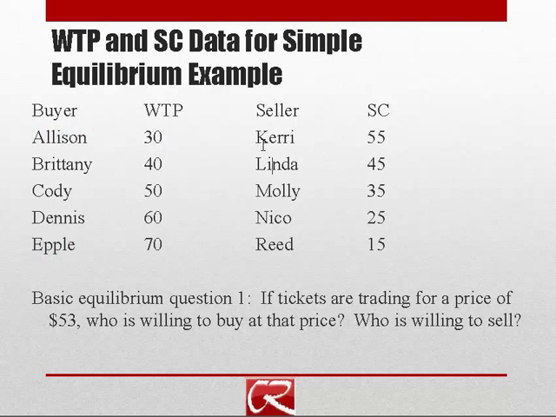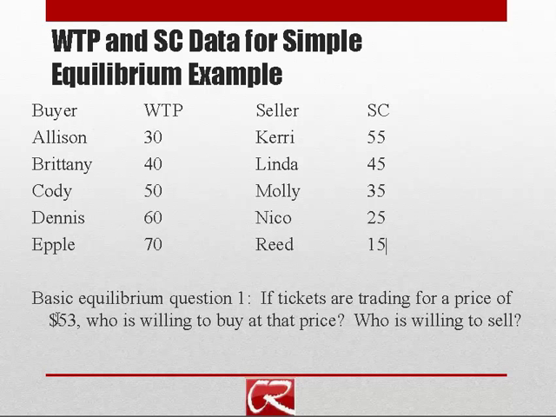The same thing is true for the sellers. Some of them are high-cost sellers that would need a really high price before it would be profitable for them to sell, and some of the sellers have lower costs and could profitably supply at even a fairly low price.